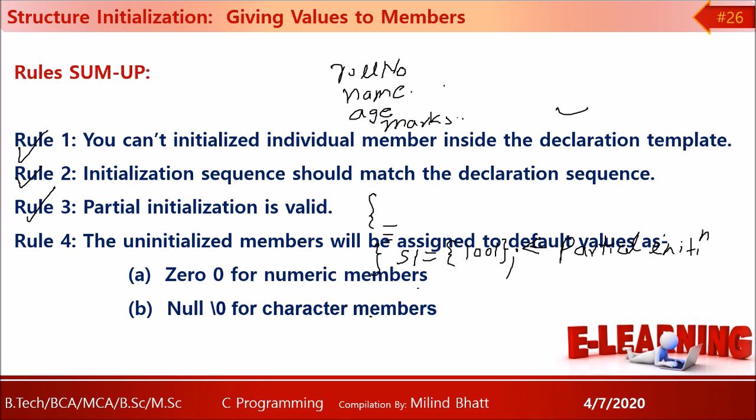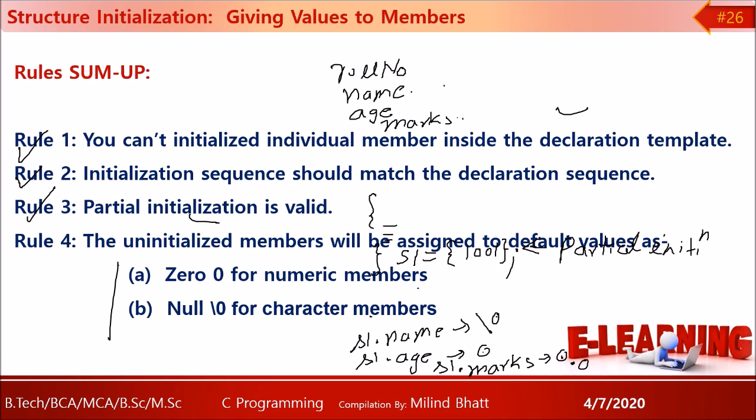So if I am mentioning S1 equals to 1001, then S1 dot name will be null, S1 dot age will be 0 and S1 dot marks will also be 0.0. So in this way, partial initialization is allowed and the rest will be initialized either 0 or null.